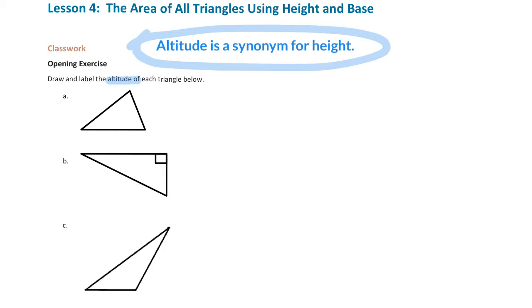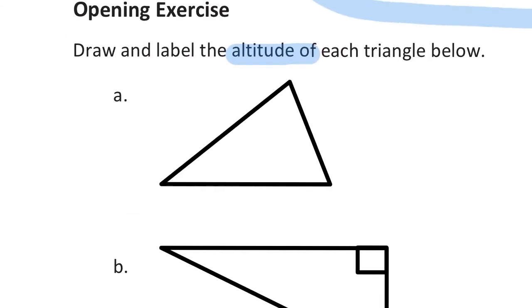So if we look at the first triangle, this is similar to what you did in lesson 1 with the parallelograms. I need to find the height of this triangle. In order to find the height, first I have to recognize where my base is. So I decide which side I want to be my base.